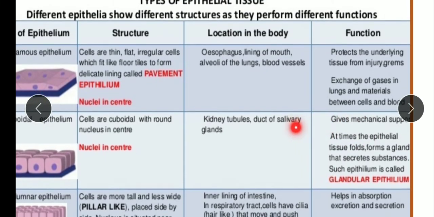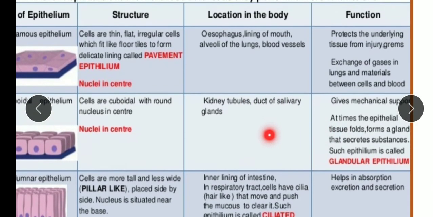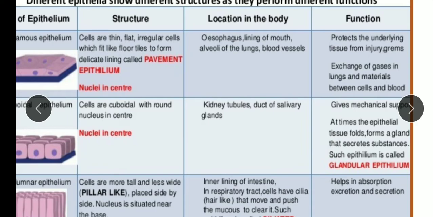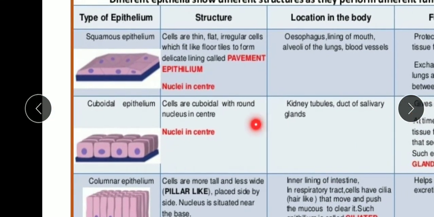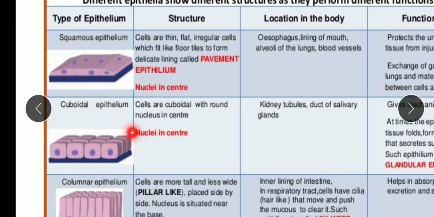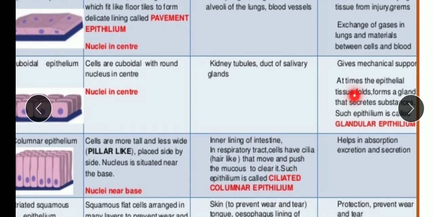Providing mechanical support. At times the epithelial tissue folds and forms a gland that secretes substances. So when this cuboidal epithelium secretes some secretions, then it works as the glandular epithelium.